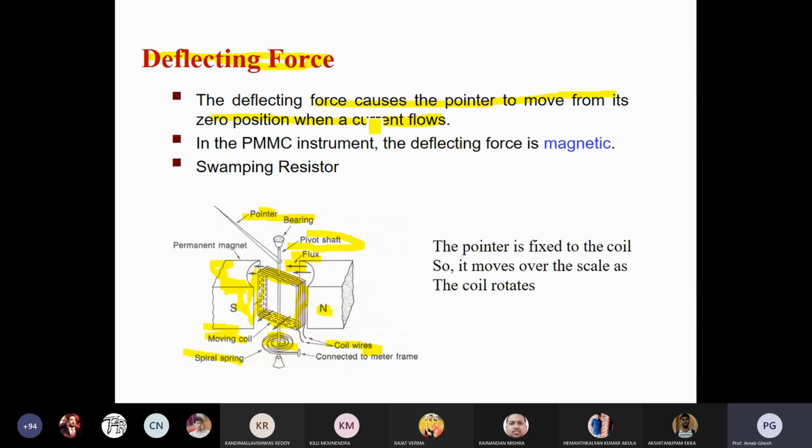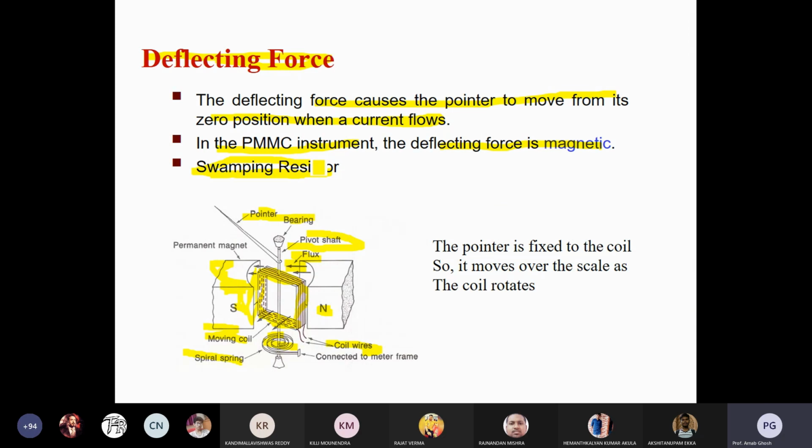Deflecting force is magnetic, and sometimes a swamping resistance is also added in series with your moving coil. What is the purpose of this resistance? Due to the heating effect, your parameter values may change, meaning the coil resistance may change.